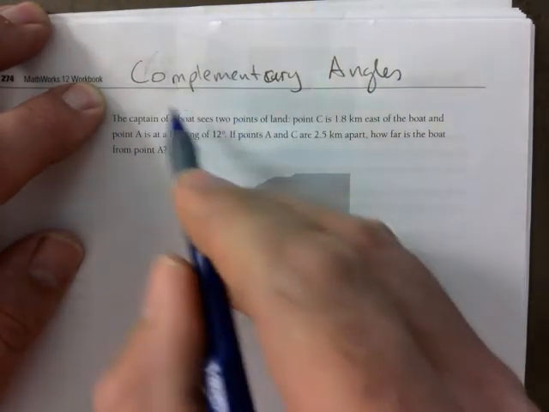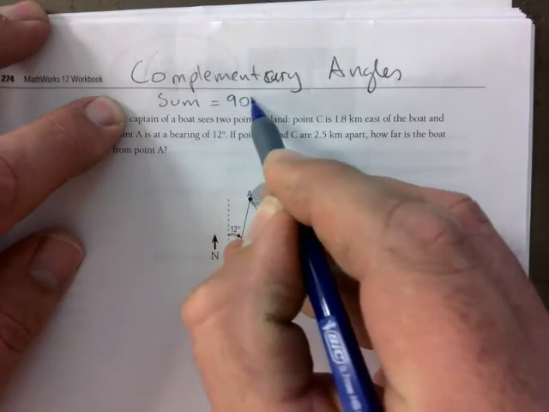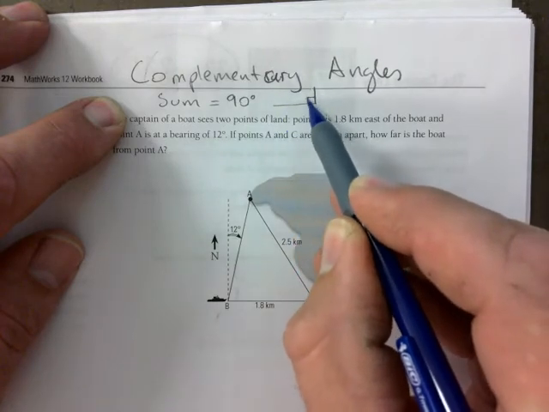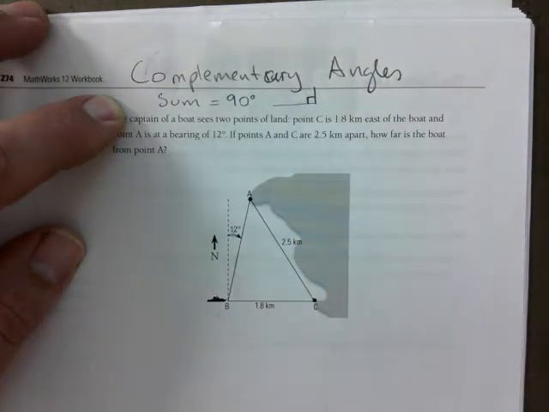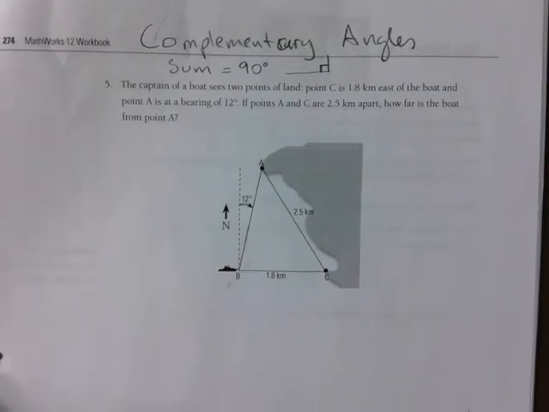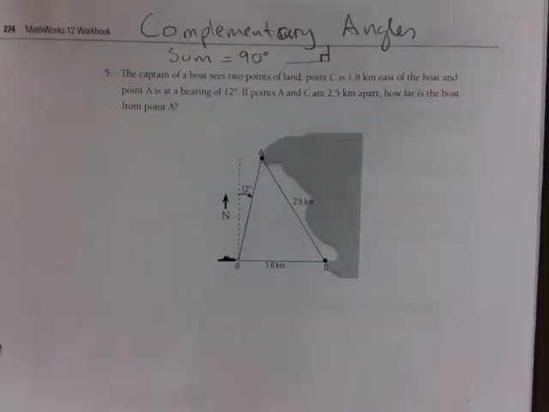At the very top, what is the sum? It is equal to 90 degrees. So you're going to want to focus in on anything that looks like it's a 90 and that is being cut. So at the very top, you should put this down, complementary. Just focus this in a bit.